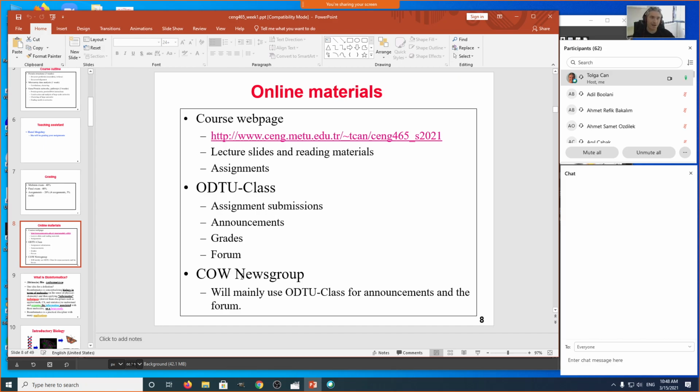The newsgroup, I will not be using it myself mainly because there will be students in our class from other departments. There may be students from the graduate programs like the Bioinformatics graduate program, the Bioinformatics master's program. This course is a must course in the graduate Bioinformatics master's program.